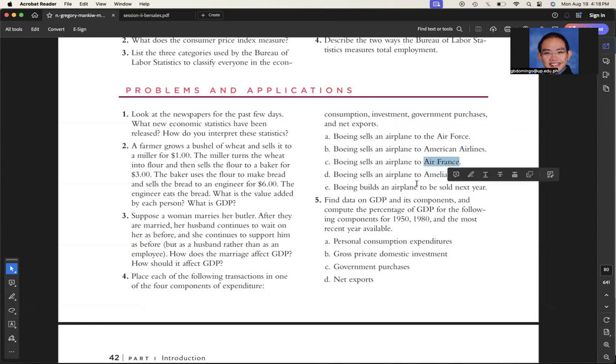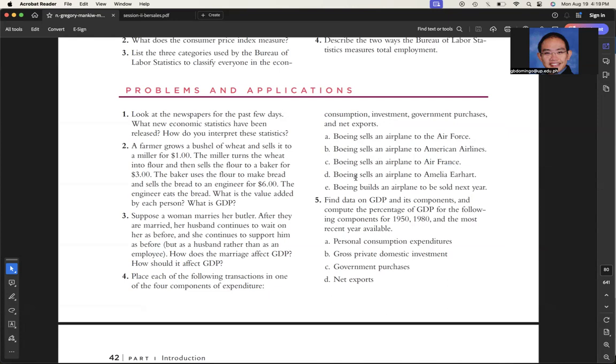Notice that Air France is not in the United States. Therefore, this will be an export, specifically an export of an investment good. That's possible. You can export consumption goods, non-final goods, intermediate goods, and capital goods.